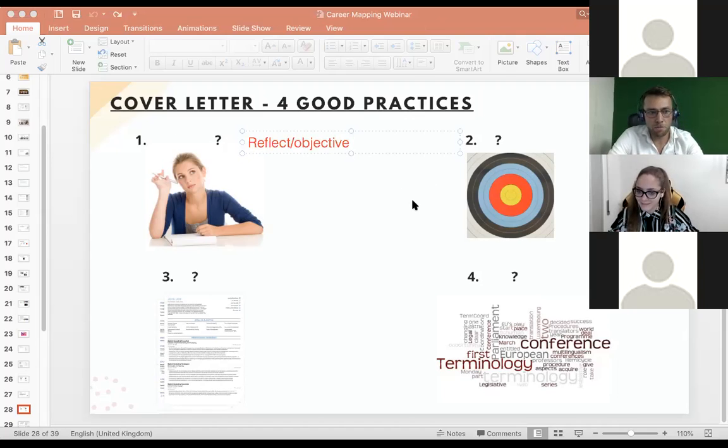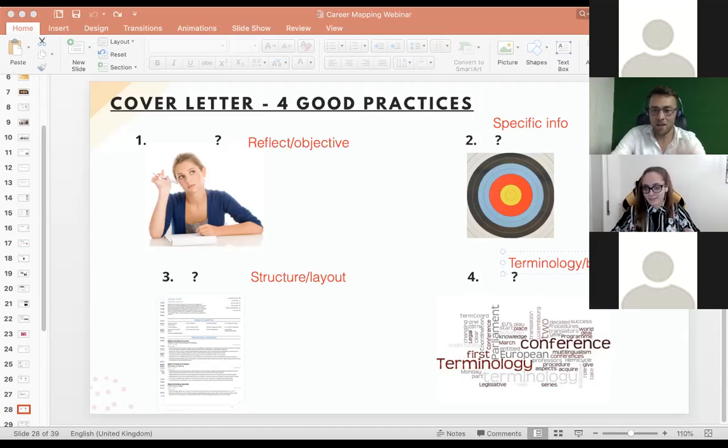What was number 2? Thank you, Francesco. Good. What kind of information, Roberta? Good, thank you, Sylvia. Specific information. Number 3, this was a bit easier. Layout and structure. Beautiful, yes, thank you. And finally, the terminology or the buzzwords, the keywords that attract the employer's attention.